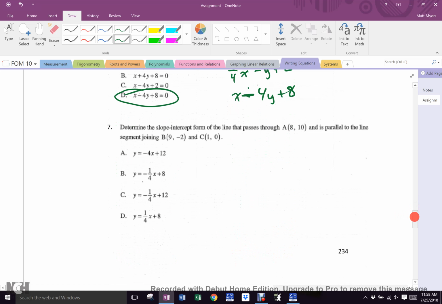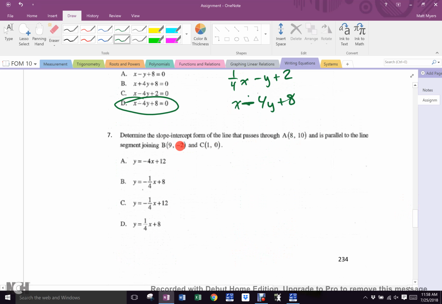Number 7. Once you get the slope, which is -2 over -8, which is positive 1/4, you have a slope and you have a point, right?